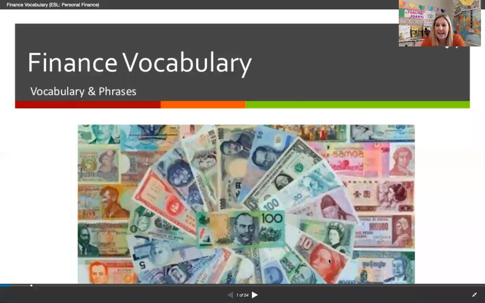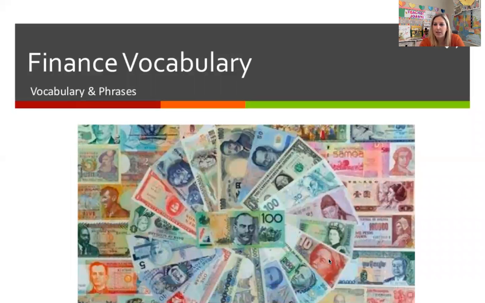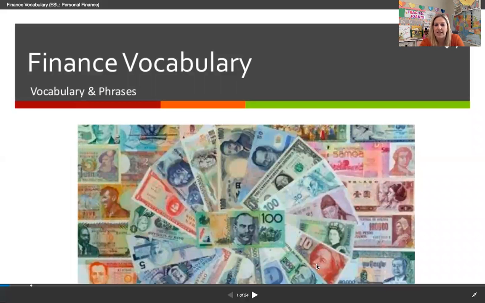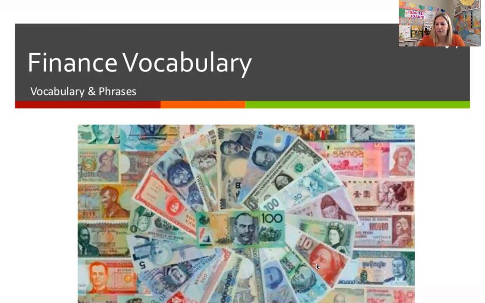Okay, some finance or financial literacy vocabulary that we need to know. So there is lots of different types of money that is used in different places, different countries. So as you can see, some of the dollars or the paper money that we use, this is called currency.